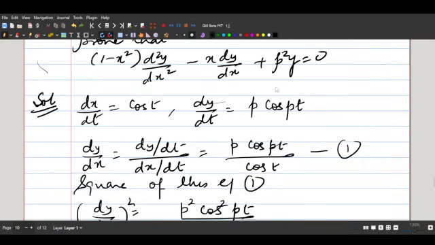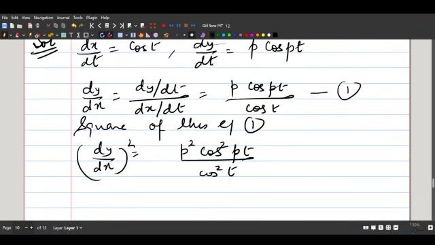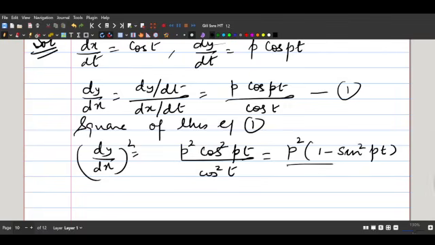I can have the same thing if I convert cos square in terms of sin square, with the help of the identity. So we are going to write this as 1 minus sin square pt, divided by cos square t, which again can be written as 1 minus sin square t.